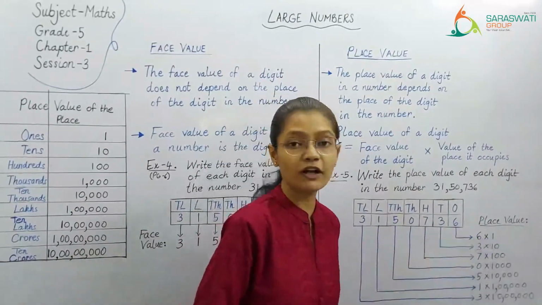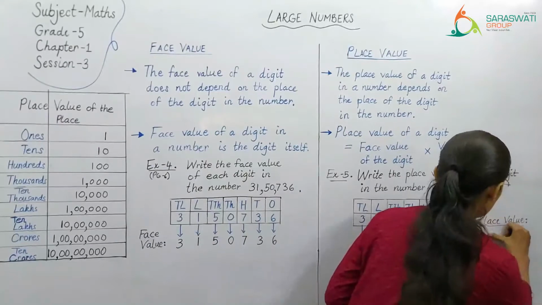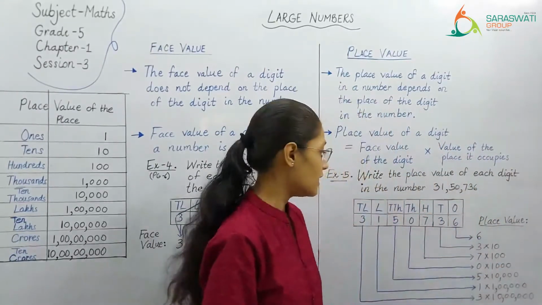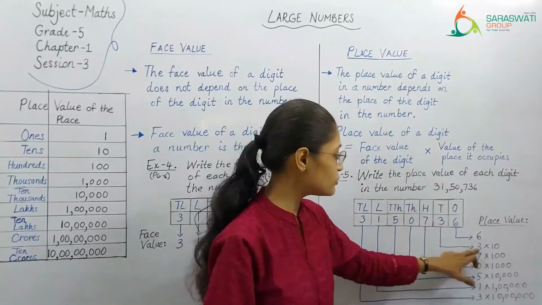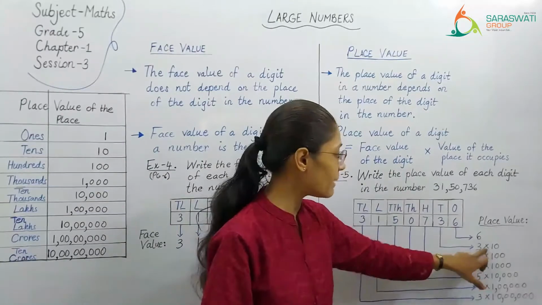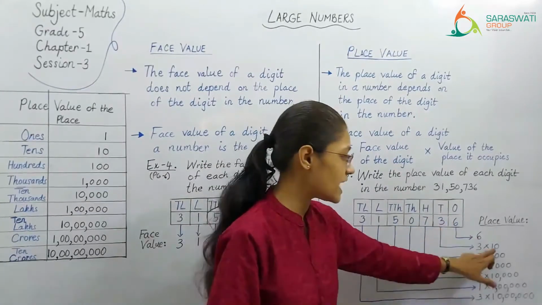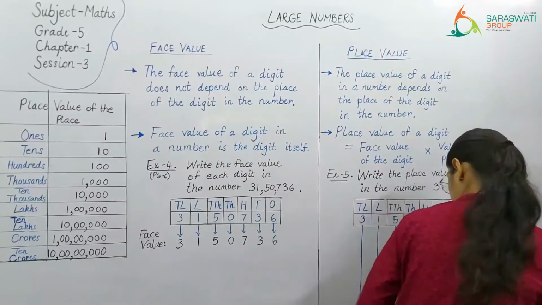So 6 multiplied by 1 is equal to 6. So the place value of digit 6 is 6. Now the place value of digit 3 at 10's place is equal to the face value of the digit, that is 3, the digit itself, multiplied by the value of 10's place, that is 10. So 3 multiplied by 10 is equal to 30.